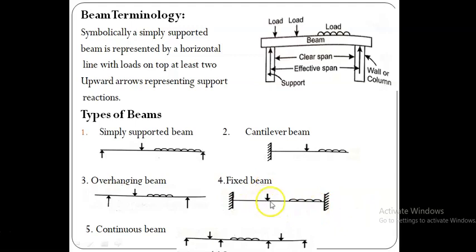Now it is subjected to transverse loads. These two supports have a vertical reaction, which is upward, a horizontal reaction, as well as a reactive moment. This support also has a vertical reaction, horizontal reaction, and reactive moment. So it has totally 6 reaction components.